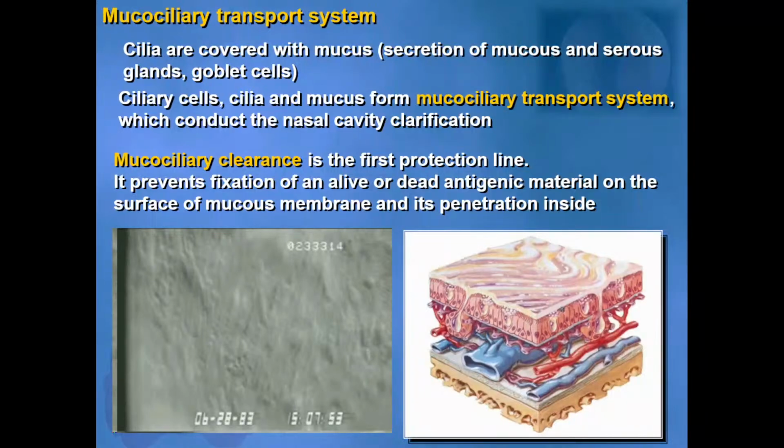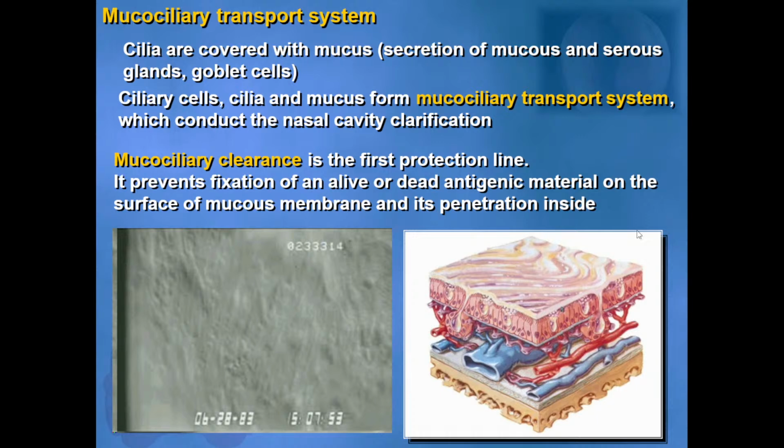The main thing that allows the nose and nasal cavity to work properly and provides all functions of the nasal cavity is the mucociliary transport system. What is the mucociliary transport system? If you understand the name of this system, you may understand what it means. Mucociliary: mucus that is produced by goblet cells, and ciliary, the ciliary cells.